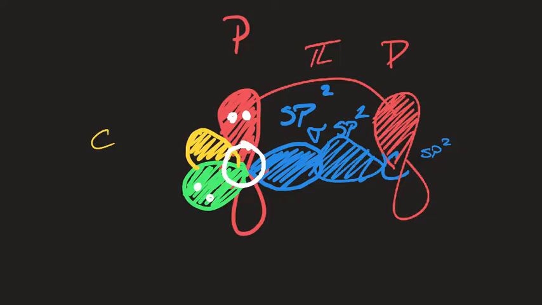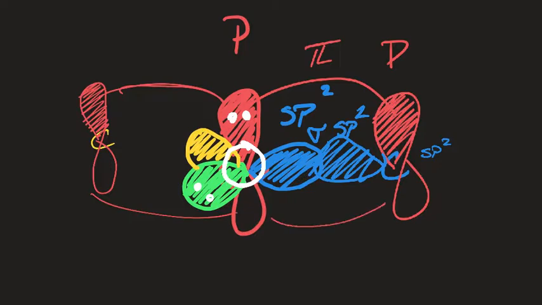And that's going to create this p orbital. That will overlap with this one to create a pi bond. And then you still have, and I'm sorry about the length of it, but I made it a little too far away, you still have this sp2 orbital here, creating that sigma bond.